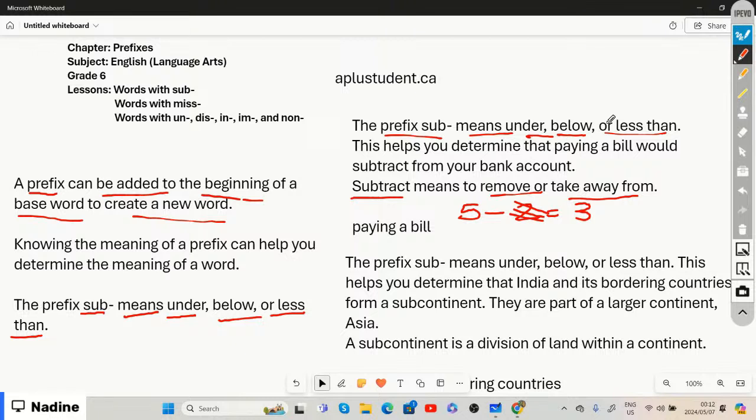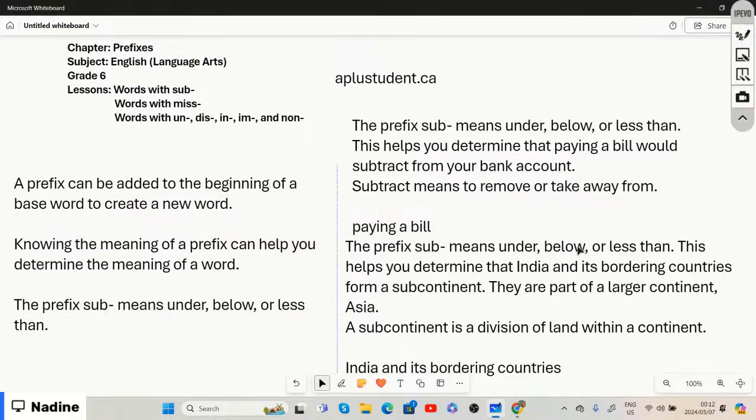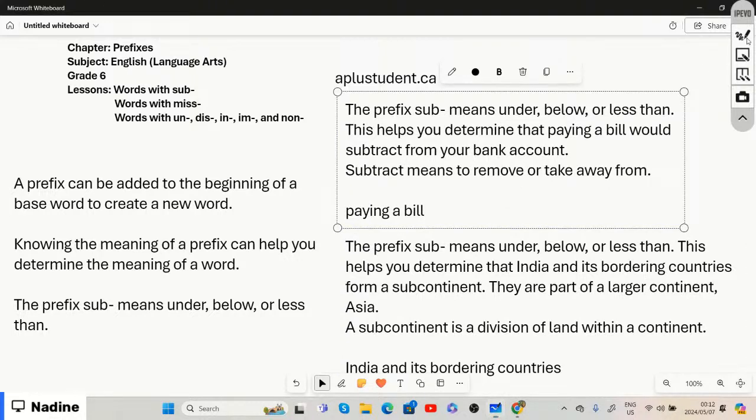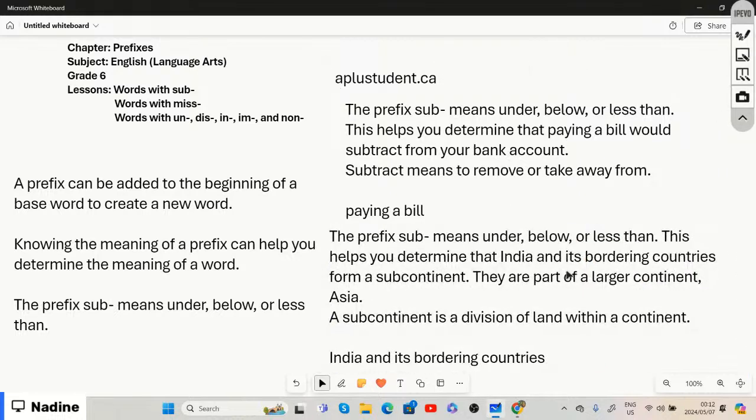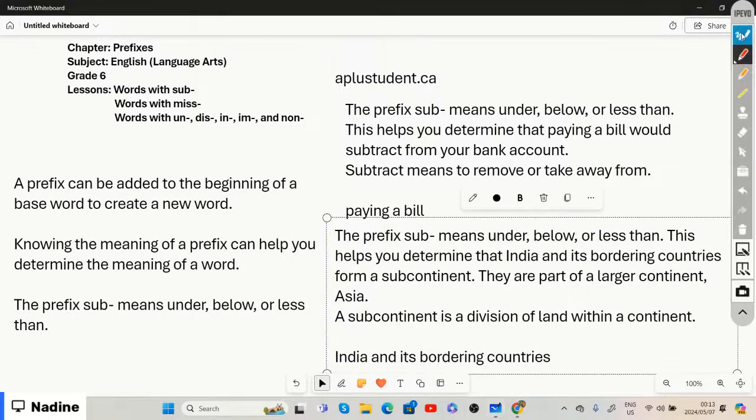If we look at another example, it would be subcontinent, right? A subcontinent is a division of land within a continent.